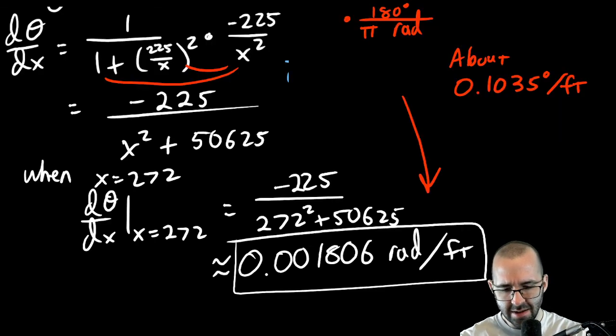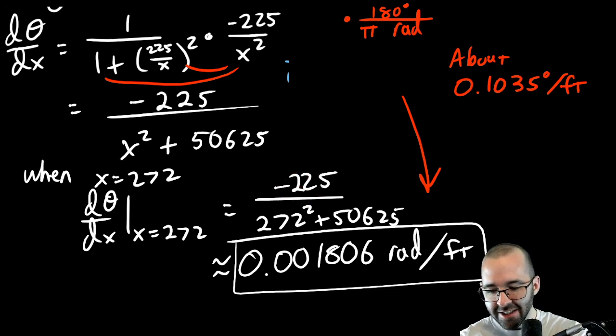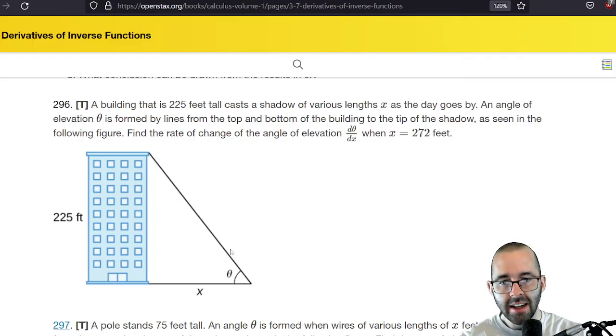So there's a typo here, I lost my negative. But as this shadow is getting bigger, this angle has to be getting smaller. That's why I knew the derivative had to be negative.